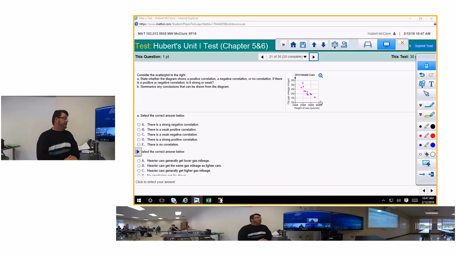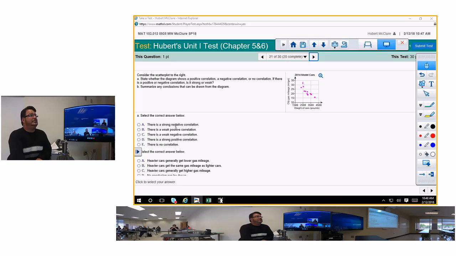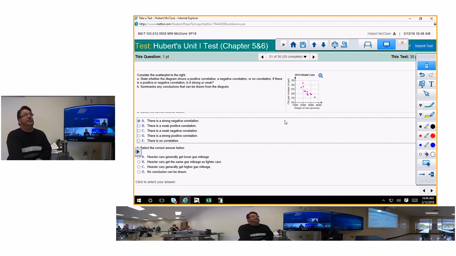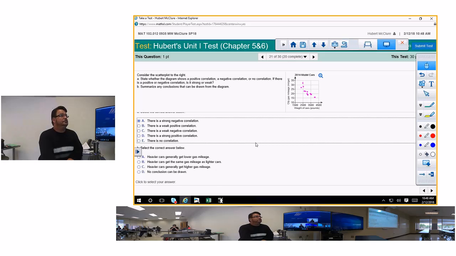It's not positive, so take out the weak, negative, weak, positive, take those out. I say it's A. What do y'all think? And this is weight of cars. The higher the weight of the car, the less the what? Gas mileage. Heavier cars generally get lower gas mileage. So it's A.